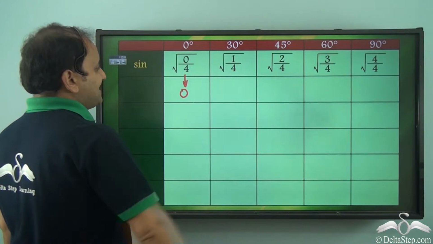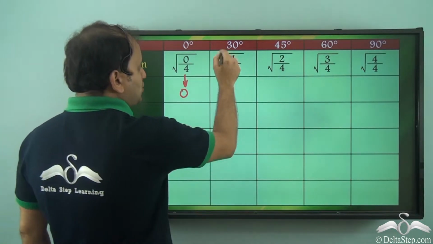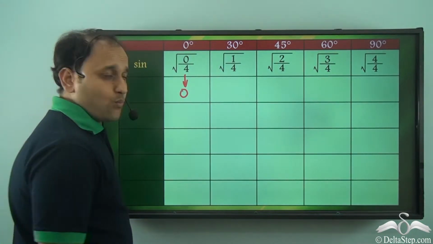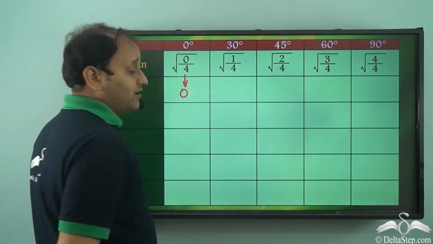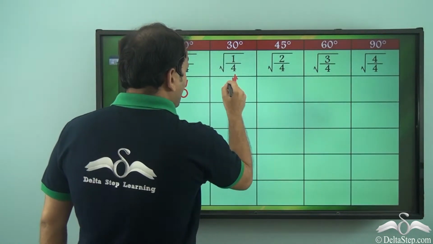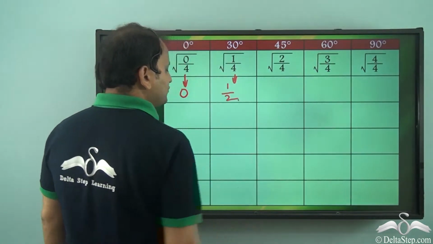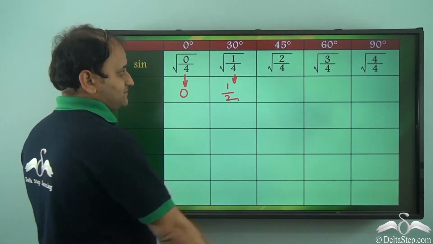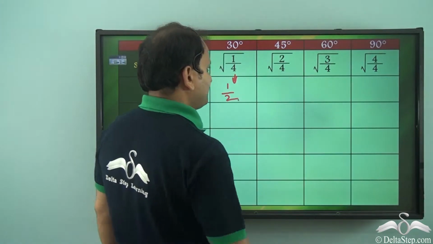Now what about sine 30 degrees? Root 1 by 4. Now root of 1 is always 1 and root of 4 is 2, right? So we can write this as 1 by 2. Now let's see sine 45 degrees. So root 2 by 4.